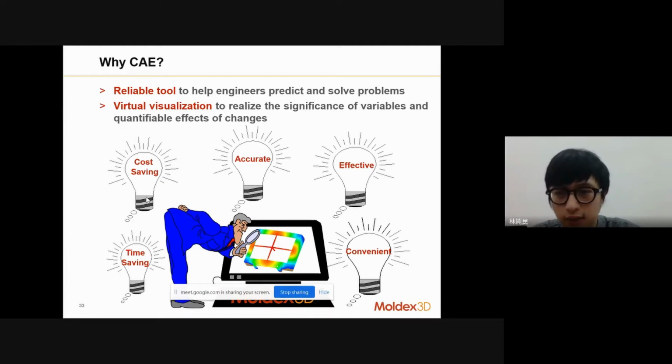They have a lot of data here, so we already can help them simulate in this way. Then it is very cost effective because you don't need to do it in a real situation, and it's also very convenient. If you have a powerful computer and our software, then you can use it. You don't need to purchase the real material because we already have a lot of material in our data bank. So it's quite convenient, cost saving, and also saves your time.